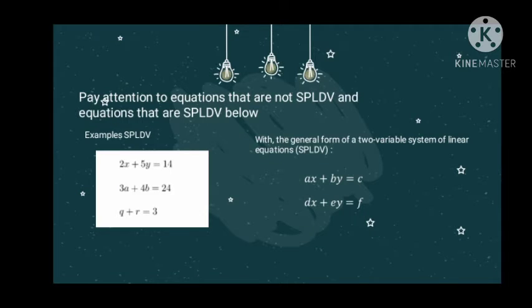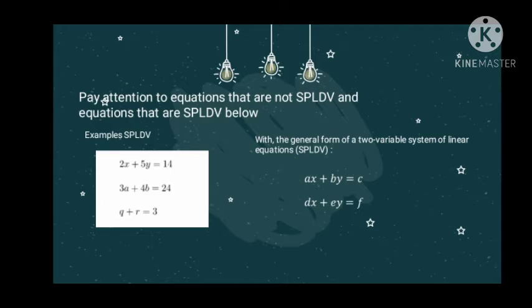Examples of SPLDV: 2x plus 5y equals 40, 3a plus 4b equals 24, and q plus r equals 3.